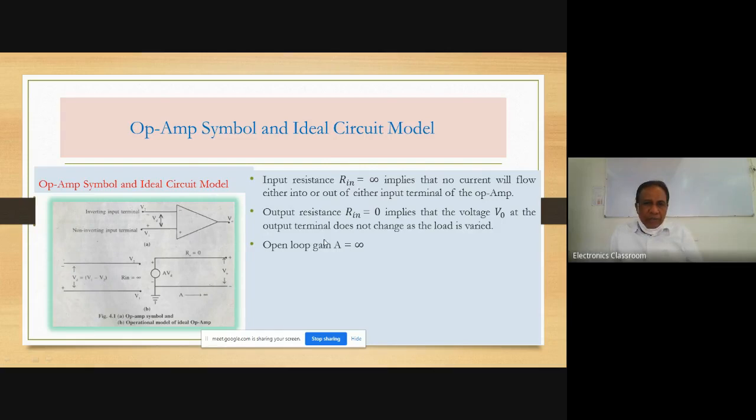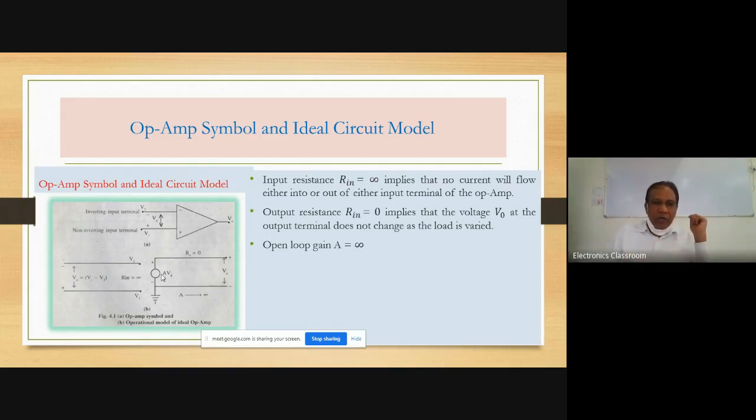The second assumption is that the output resistance R0 equal to 0. We can look at the output side, and in the output circuit we can observe that R0 is equal to 0 for an ideal operational amplifier, which means there is no opposition. Output resistance 0 means there is no opposition at the output side.